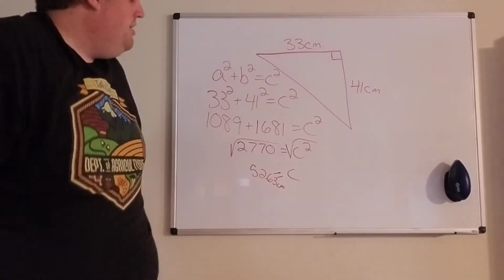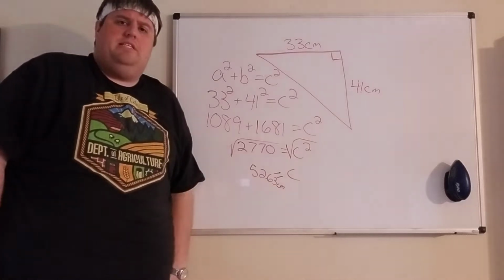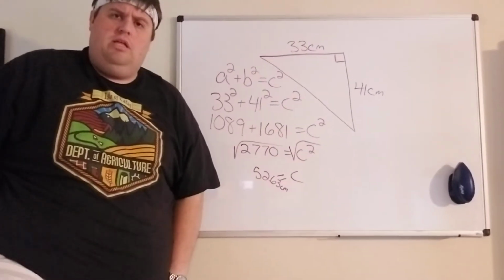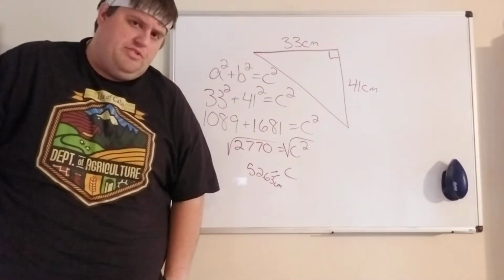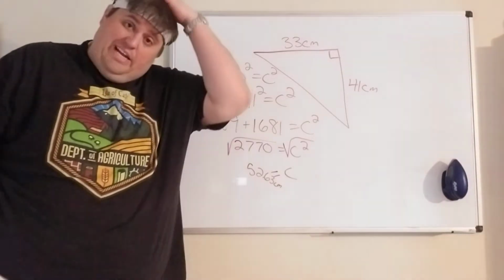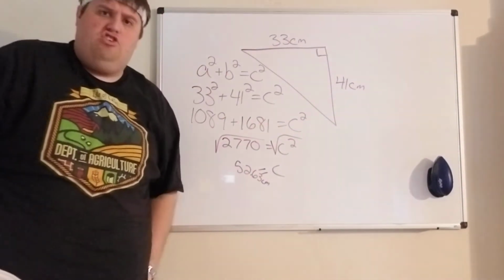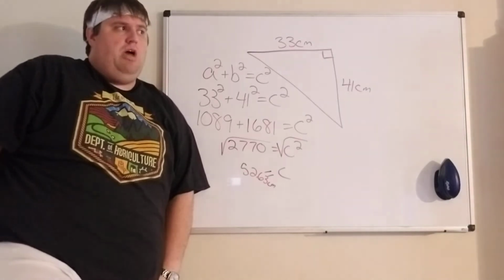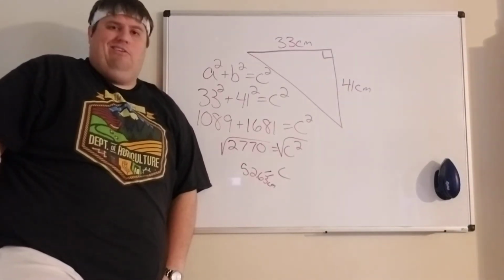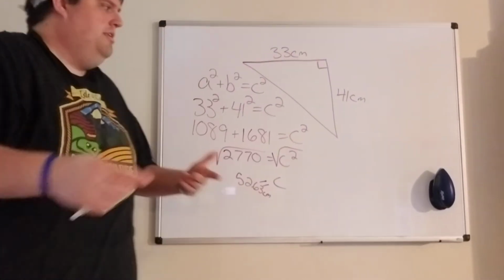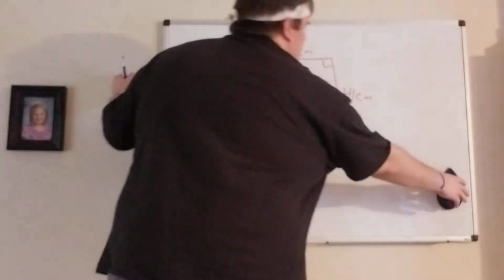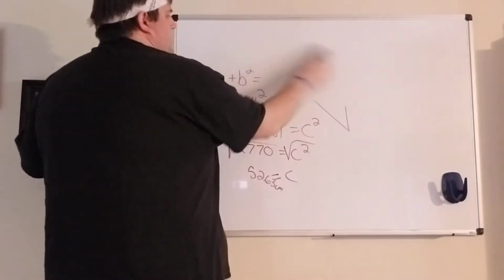And remember, you can round this to the hundredths. That's probably the best option for you. Some of the stuff on Pearson said to the tenth, which is fine. But in general, the farther you go, the more accurate your answer is going to be anyway. So that's definitely good.